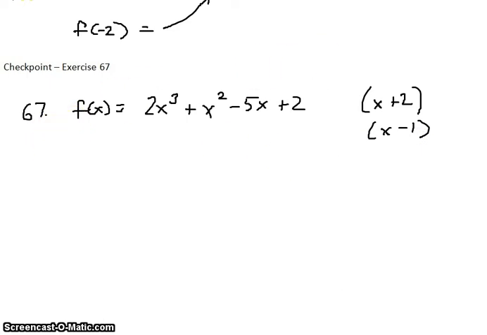Well, let's see what happens when I divide using synthetic division. So I'm going to put a 1 there because if I divide using synthetic division, I'm going to put a 1 because it's the opposite. Now if I use synthetic division, let's see what I'm left with. So this is a 2.